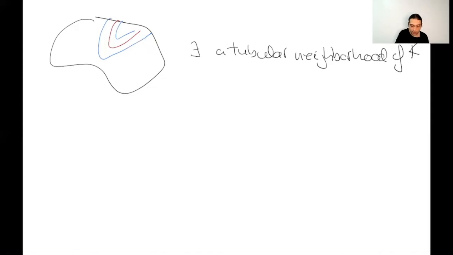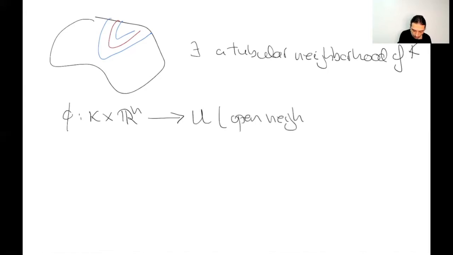So our tubular neighborhood satisfies that it's a map from K times, in our case, R^n. It's an embedding from K times R^n to some U, where U is an open neighborhood of K in W.